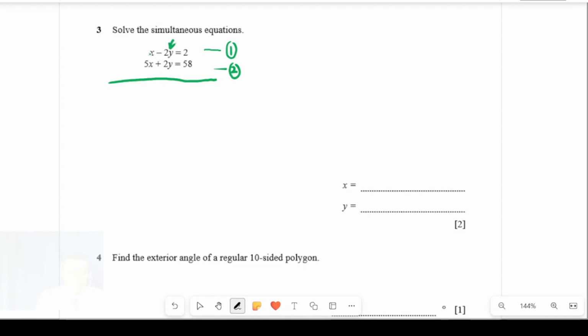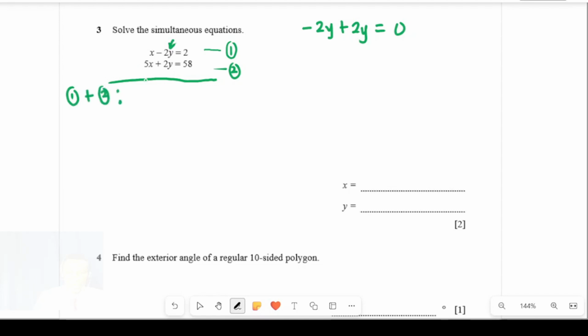Equation 1 has minus 2y, so minus 2y plus 2y is equal to 0. That means we are going to add equation 1 and 2.